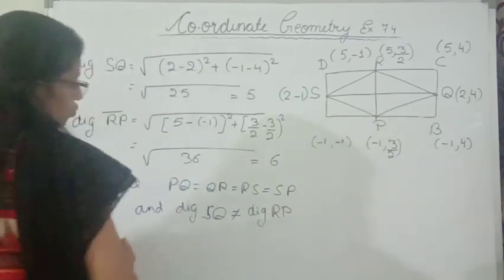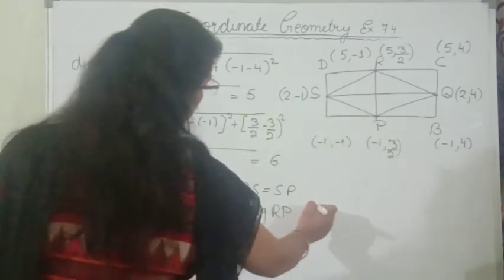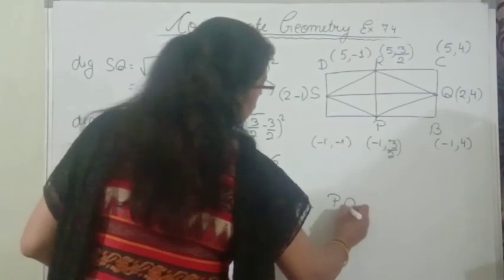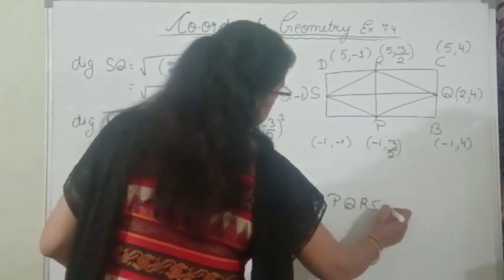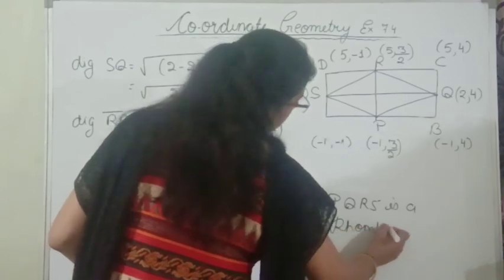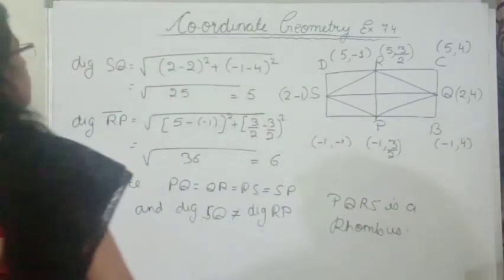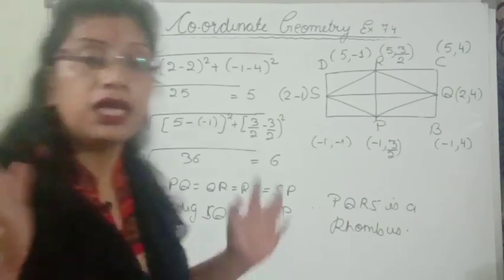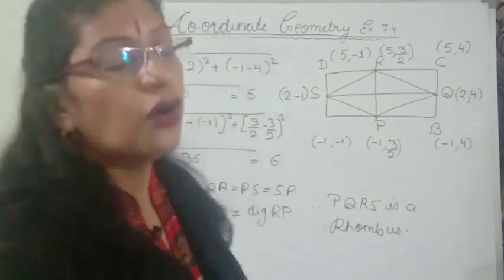Okay, so these two are not equal, therefore PQRS is a rhombus. Okay, so that means the question number 8, it is coming PQRS is a rhombus.